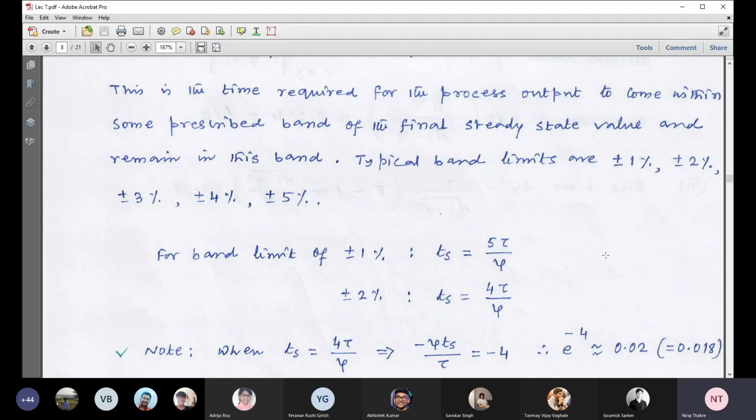Let us consider the second case, TS equal to 4 tau by zeta. If you rearrange, we get minus zeta TS by tau equal to minus 4. So exponential of minus zeta TS by tau is equivalent to almost 2%.